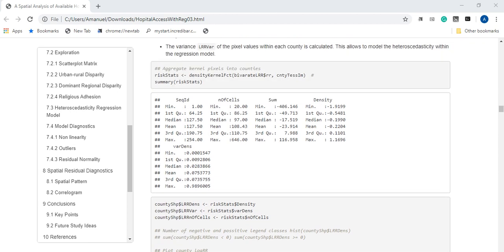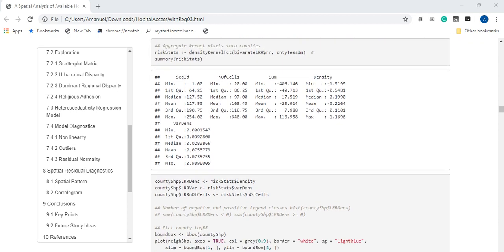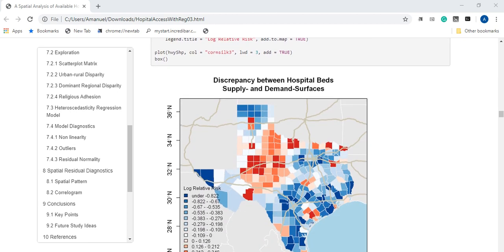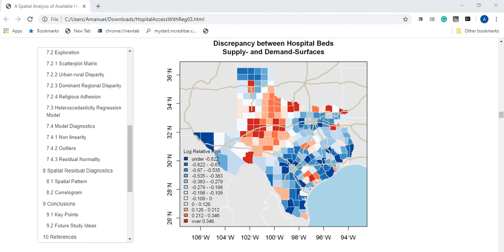This is the function to convert each pixel to the county level. In this map, the discrepancy map shows the difference between the hospital beds supply and demand surfaces.